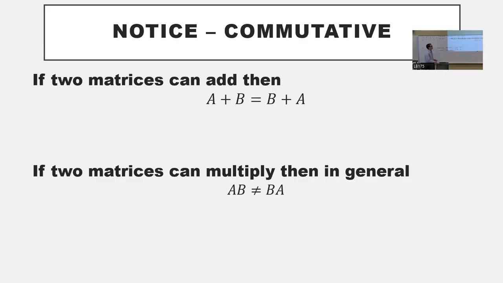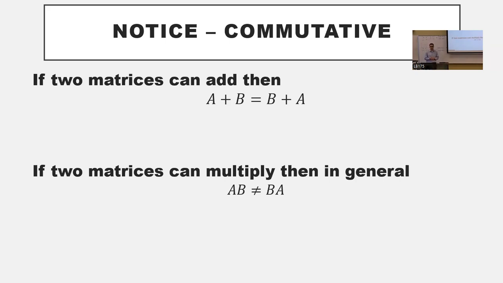Now, that is not true with addition. With addition, if we can add two matrices together, A plus B is the same thing as B plus A. So addition was commutative, what we saw last time. But matrix multiplication is not commutative in general.